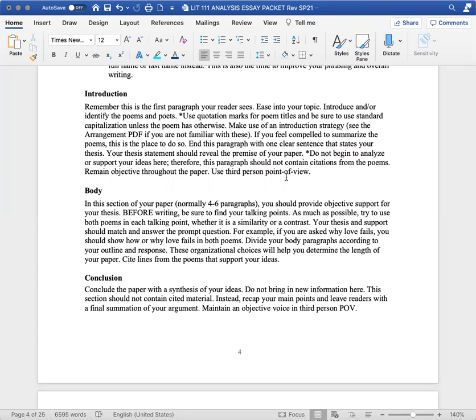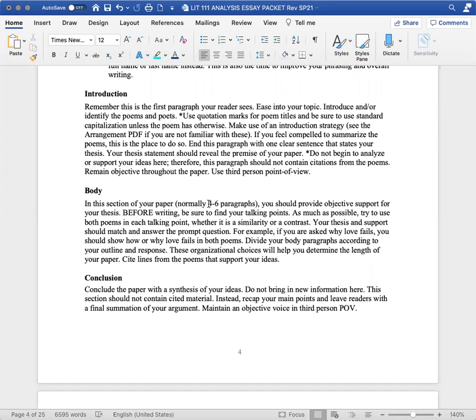In the body section of your paper, which is normally 4 to 6 paragraphs, well, it can be 3, but usually it's 4, 5, or 6 body paragraphs, depending on how many points you want to make. So minimum is 3, but it's normally 4 to 6 paragraphs.